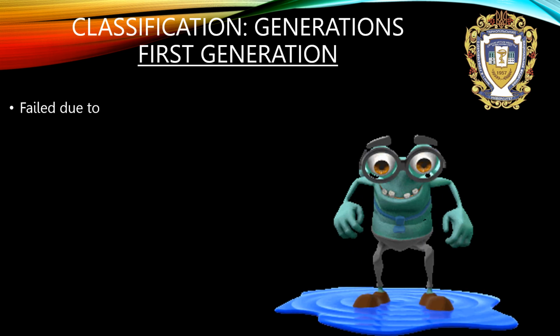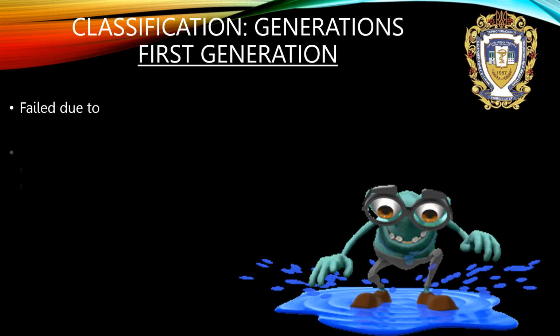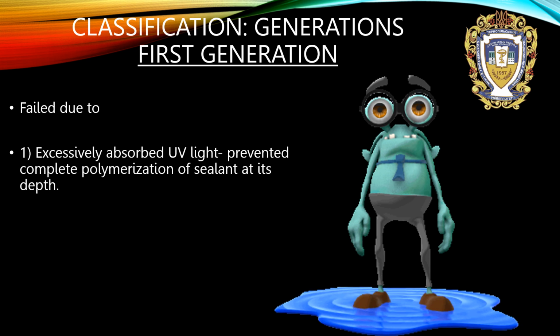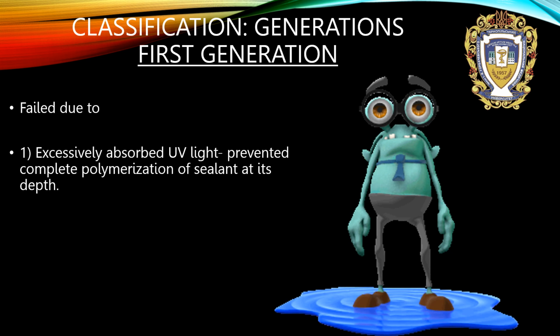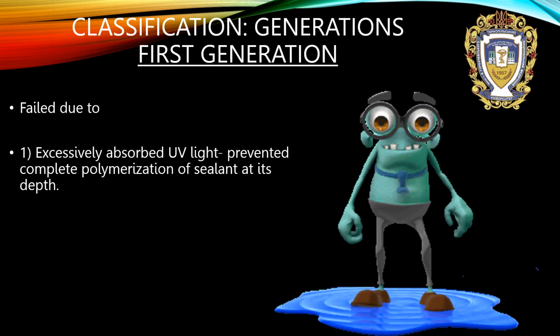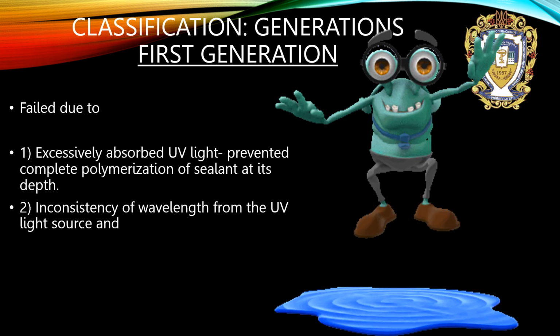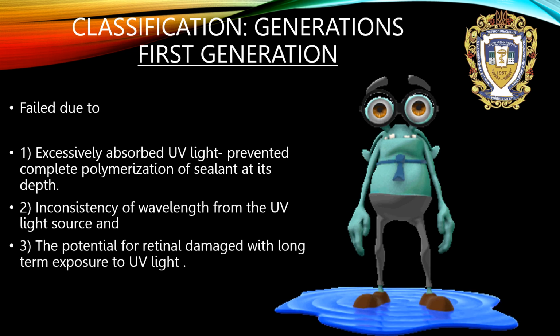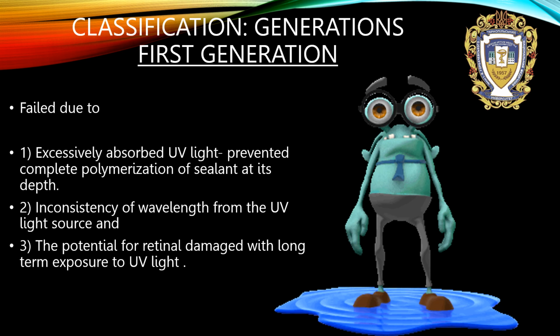But why were the first generation materials failed? They failed due to excessive absorption of ultraviolet light, which prevented complete polymerization of the sealant at its depth, inconsistency of wavelengths from the ultraviolet light source, and the potential for retinal damage with long-term exposure to ultraviolet light.